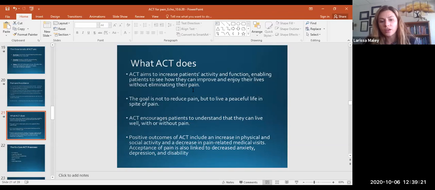So positive outcomes of ACT, again, will include an increase in all of their activities, physical and social. And just like with that fire example, when they allow the pain to be there and they stop wasting all of their resources on trying to get rid of it or numb it out, they actually experience less pain.